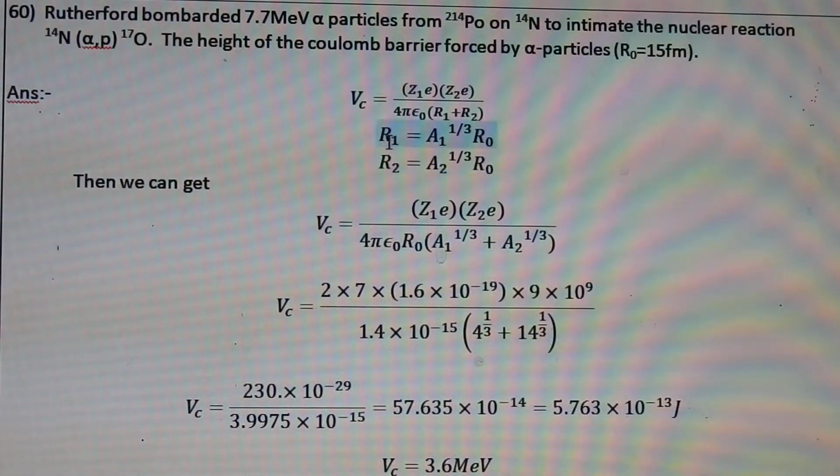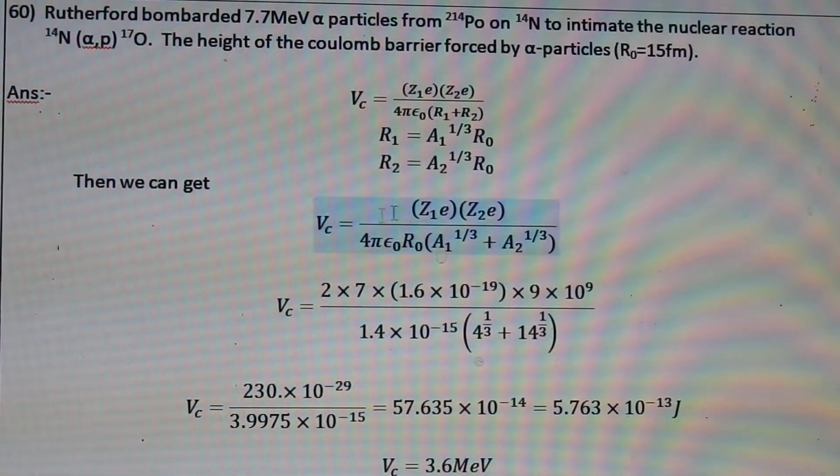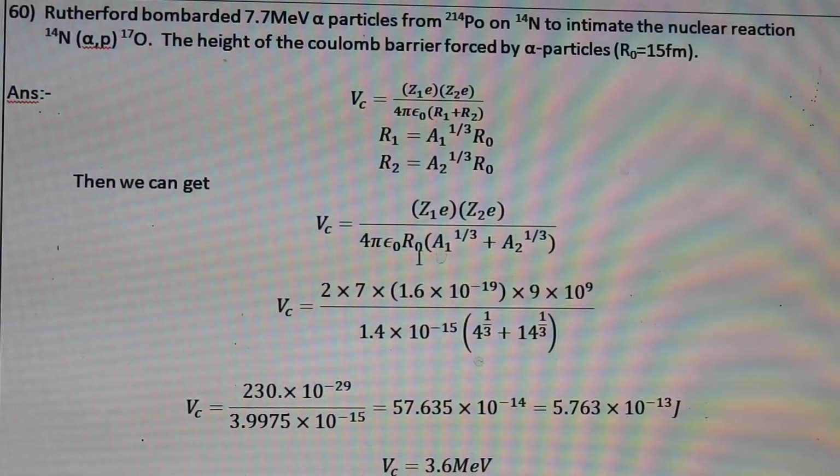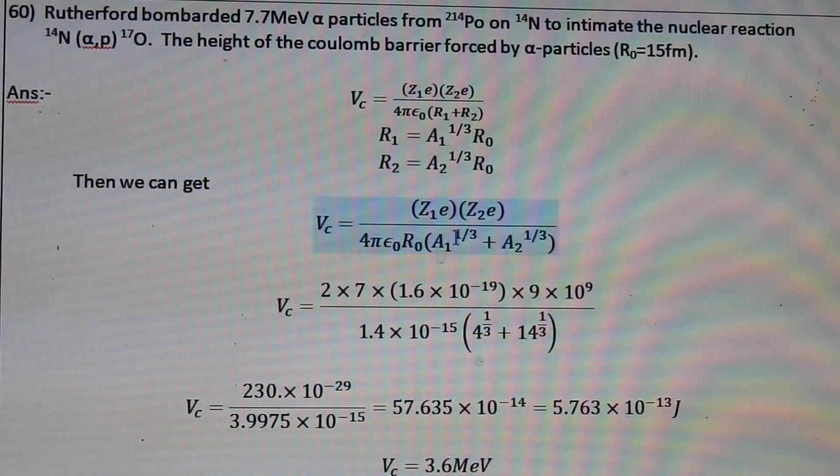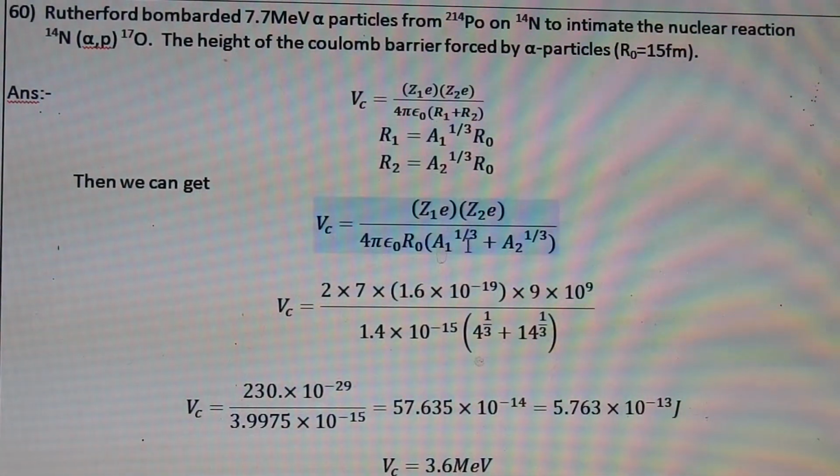So if I substitute the R1 and R2 values here, then Vc equals Z1e into Z2e by 4 pi epsilon naught. R naught is a common term in both cases, so R naught is written outside. A1 power 1 by 3 plus A2 power 1 by 3, as it is.